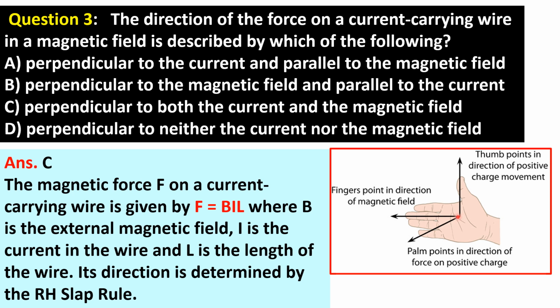But if, for example, the angle between the magnetic field and the velocity of the charge doesn't make exactly a 90 degree angle, then we just have to determine the component of the F that is exactly perpendicular to each vector, the magnetic field as well as the velocity.